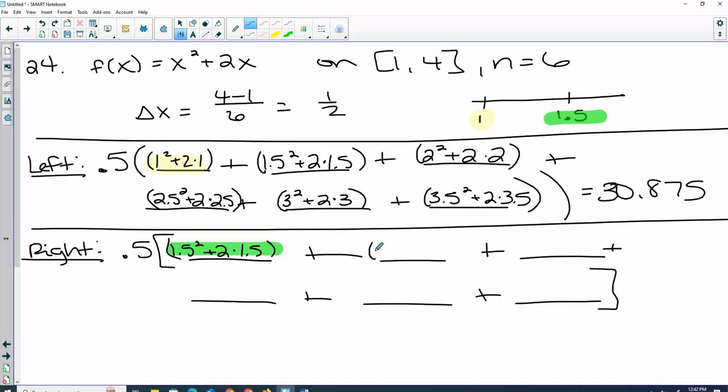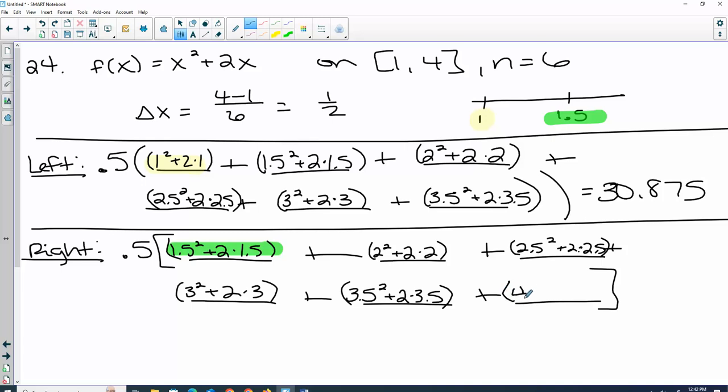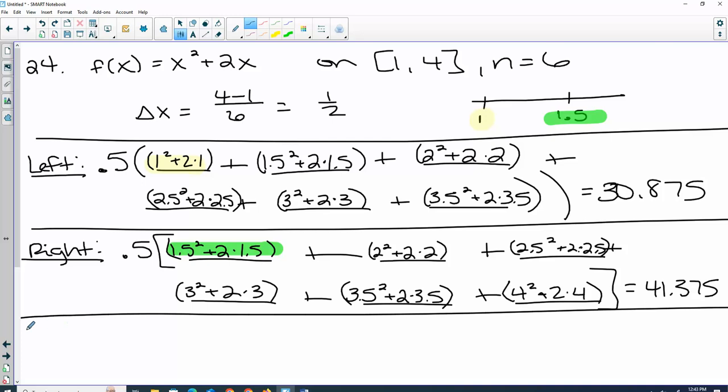And then you plug in your 2, 2.5, 3.5. And we have to keep going because we're not there yet. So this one, if you add 0.5, you get to 4. And that was the end of my example. And when you plug that one in, what do we get? 41.375.